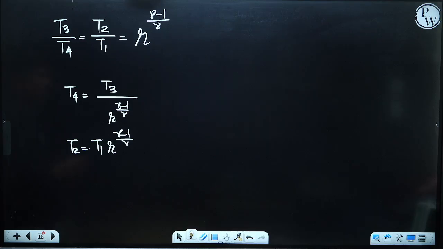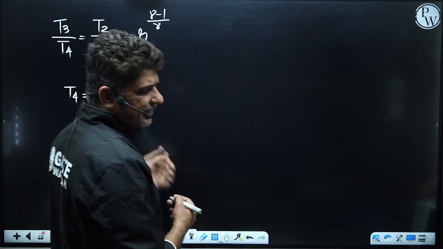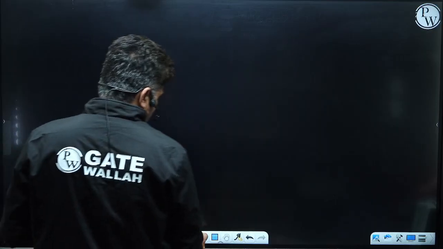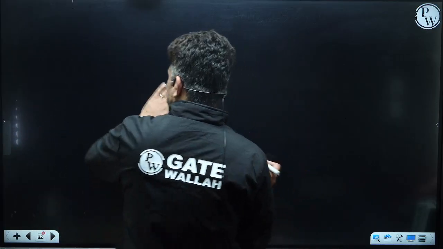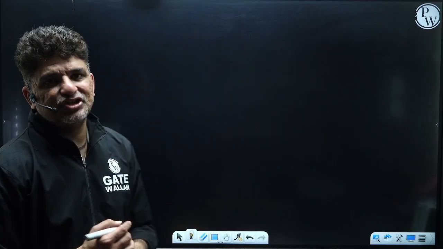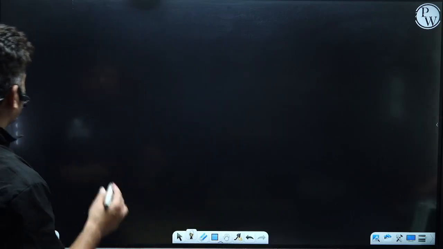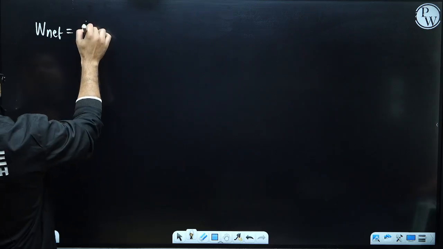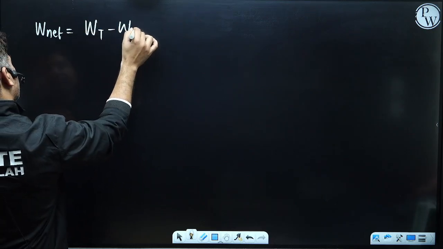Now that you have calculated these temperatures, we are going to see the relations for W net and efficiency. If we want to calculate W net, can we say the net work developed by the cycle will be work by turbine minus work of compressor?